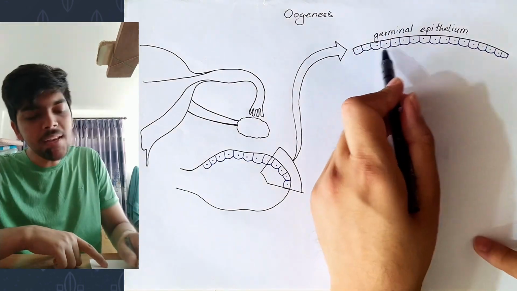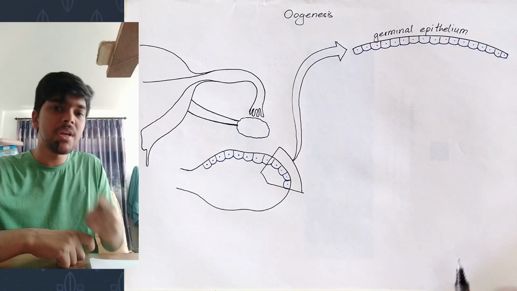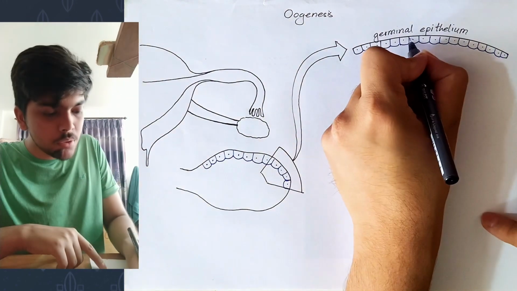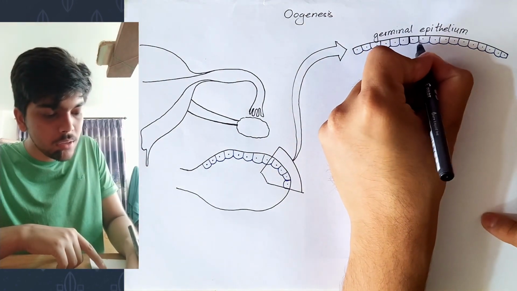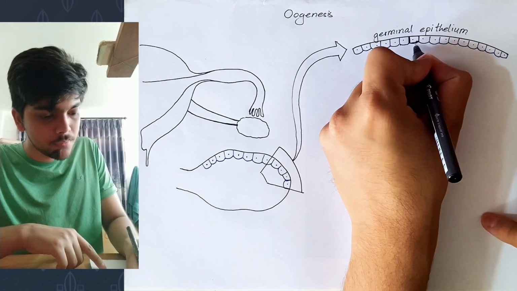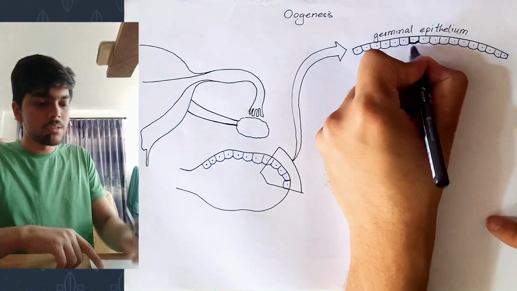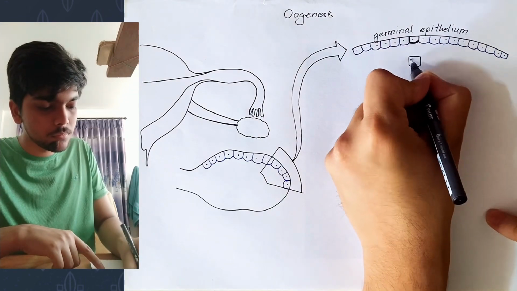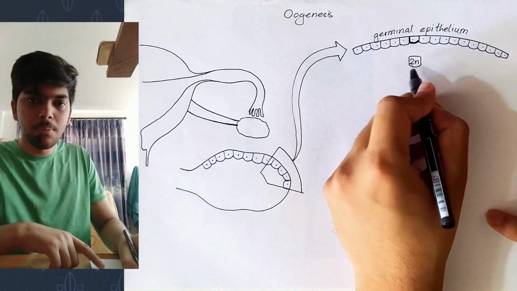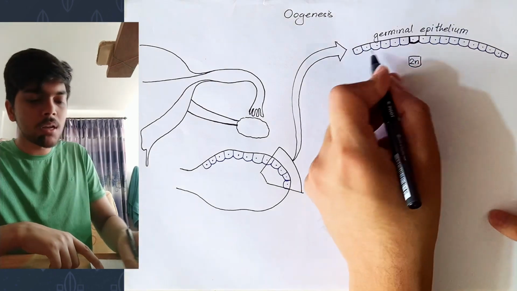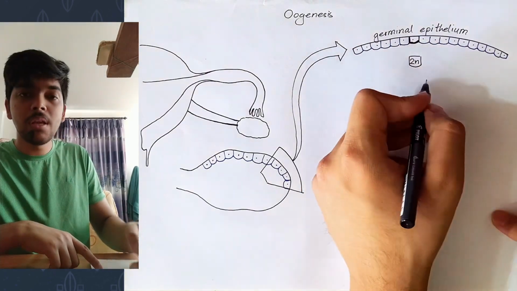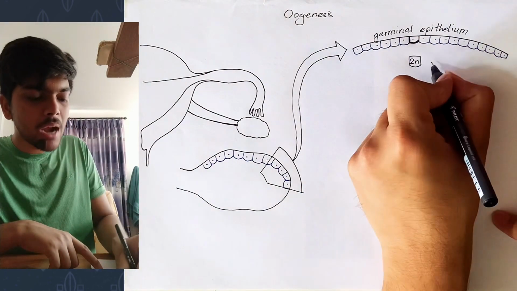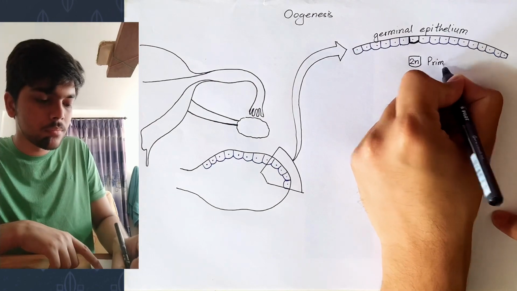And among these various germ cells, I'm going to take one. So here's the germ cell that I just picked. This diploid cell from the germinal epithelium that will give rise to egg is the primordial germ cell.